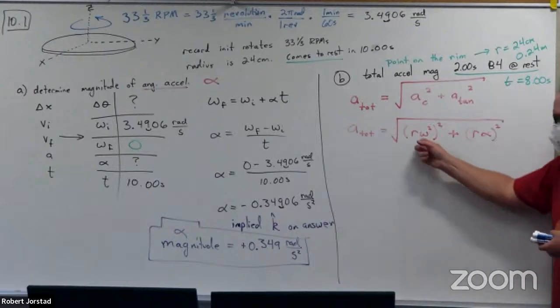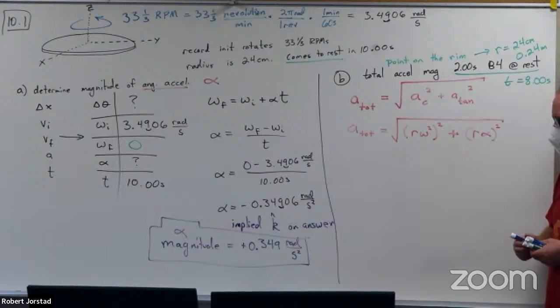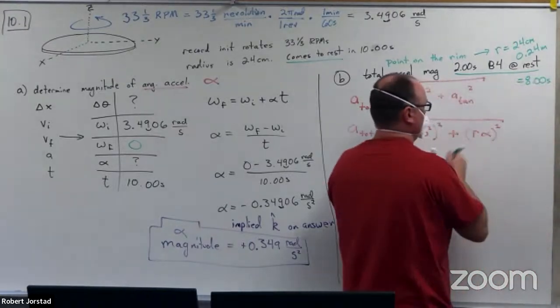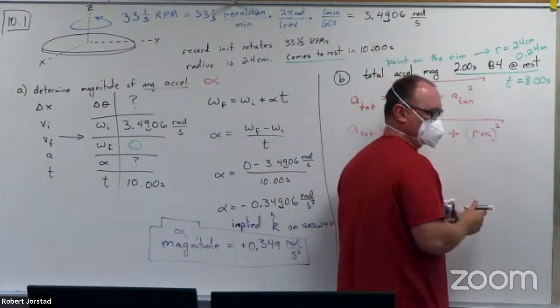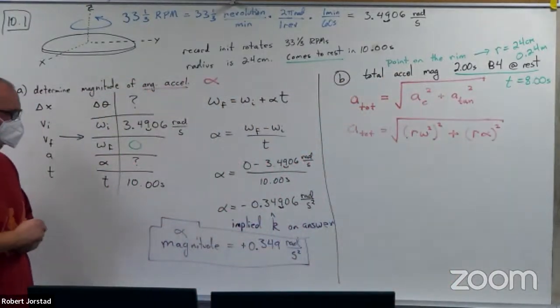How could I get omega? At 8 seconds. That's kind of a sloppy letter T. If I know the time and I want to get omega, what could I do? What equation might work?